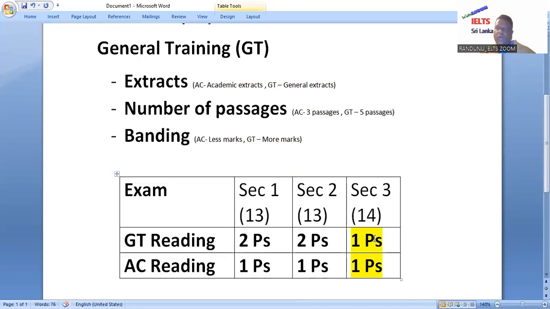So even general students have to learn academic reading, because to do the third section they need academic reading knowledge. Therefore, both academic and general students have to learn both academic and general reading, and I want you all to attend all the classes.